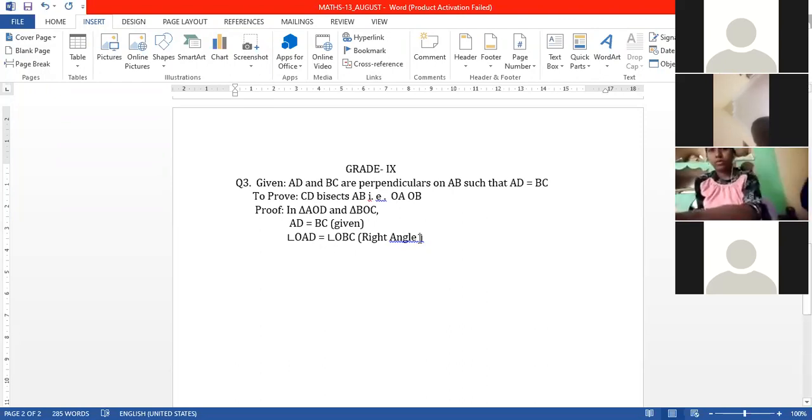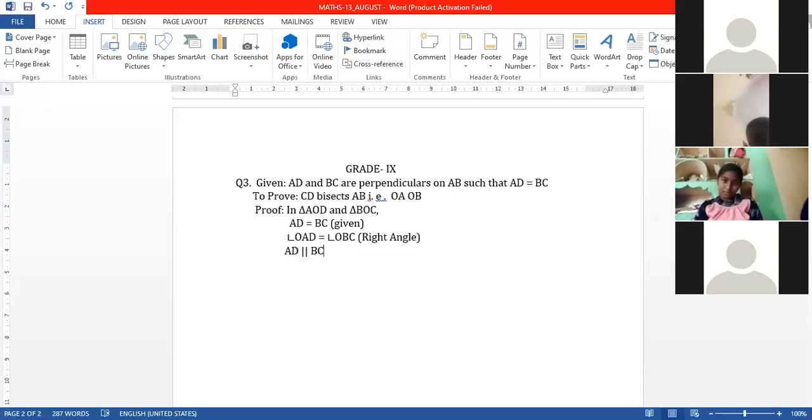When both lines are parallel lines, note down here, transversal line concept. In this question, he has given AD parallel to BC.